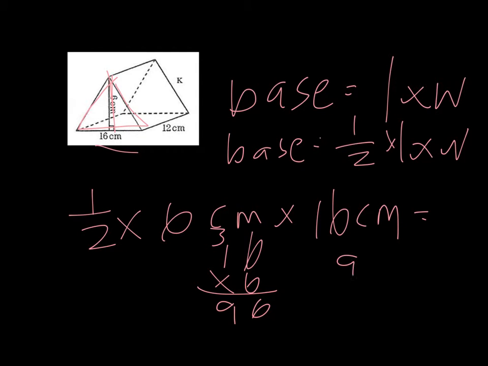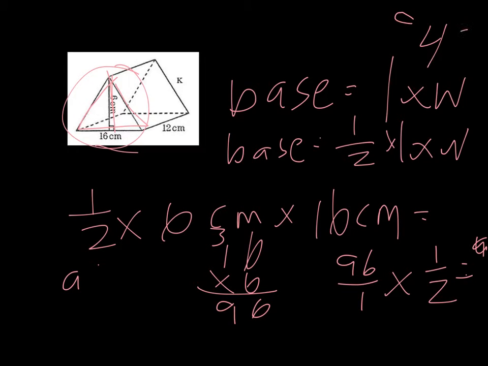Okay, multiply that by 1/2, and you're going to get 96 times 1/2. Well, it can't have a whole number, so let's go to the next slide. Then we can see that our base is equal to 48.